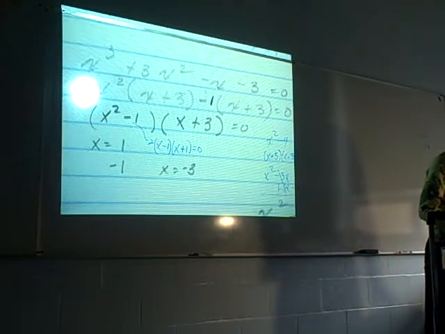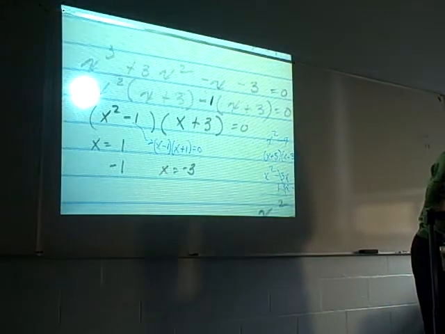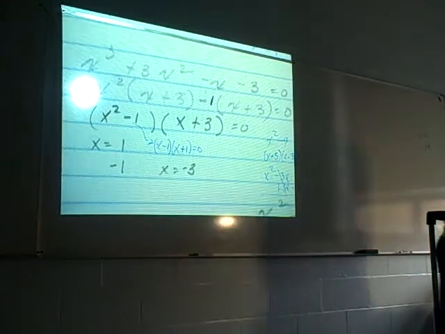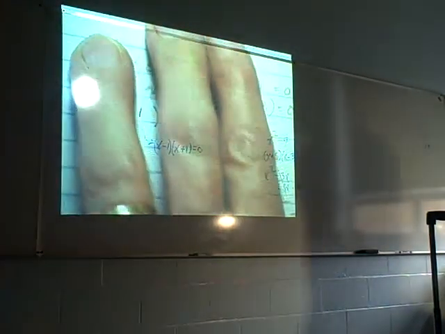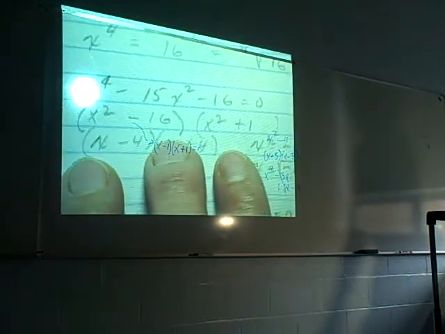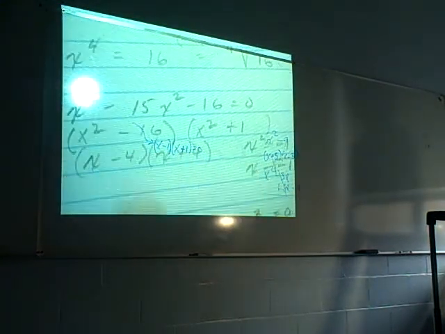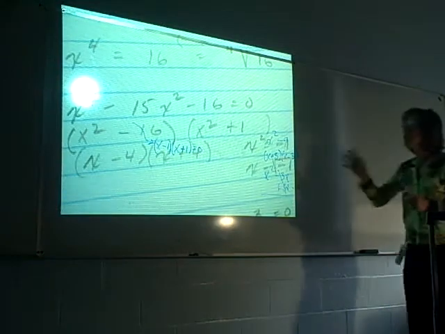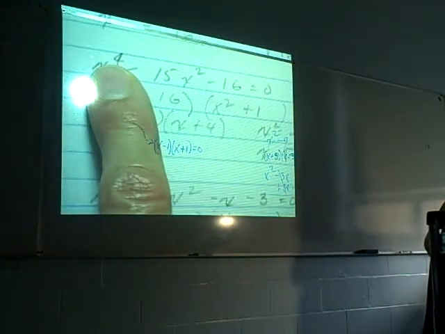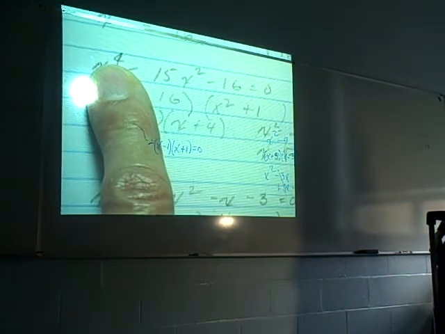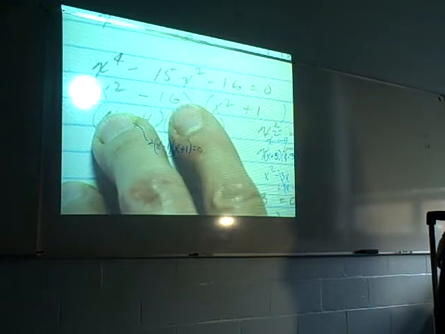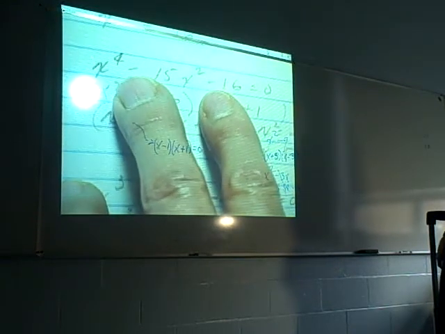Okay, so that was number 8. Number 6 was a perfect square trinomial. And we took notes on these. The perfect square trinomial, is this a perfect square? X to the 4th. And is 16 a perfect square? Okay, and it happens that they're both negative.